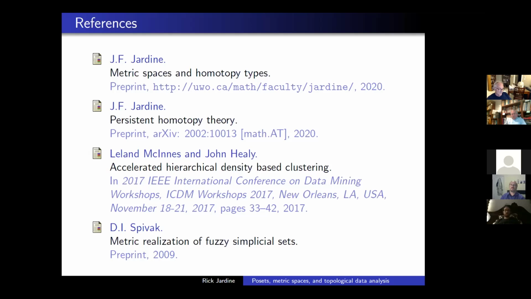In the presence of such an ordering, these Vietoris-Rips complexes are naturally defined as simplicial sets in the way that I said they were. So in particular, they're oriented simplicial complexes, and those have path categories or fundamental categories.